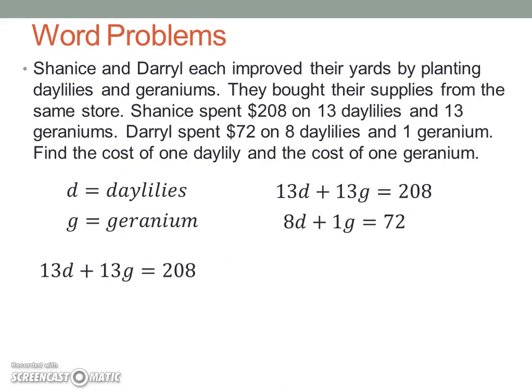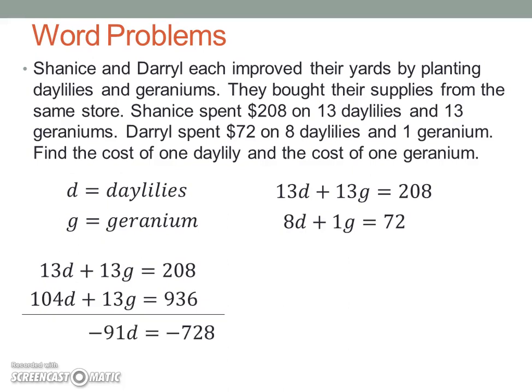So the top equation stays the same. Multiply the bottom by 13, I get 104D plus 13G equals 936. And I'm going to subtract in order to eliminate the 13G. When I subtract, I get -91D equals -728. Divide by -91, and I get that D equals 8. I'm going to substitute that back into one of the original equations.